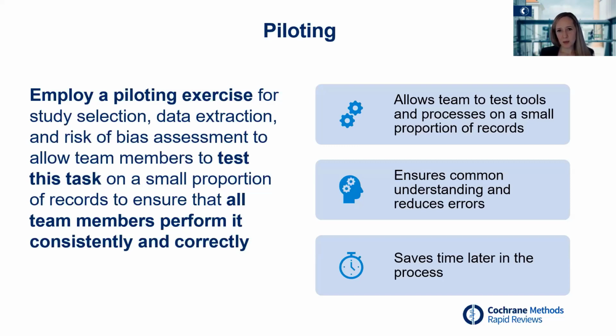And then you see where do the people agree, where do they disagree, and all the abstracts where people disagree are discussed within the team. And this helps you to see, okay, we don't understand the eligibility criteria all in the same way. And this is an important step to ensure that everything goes smoothly afterwards.